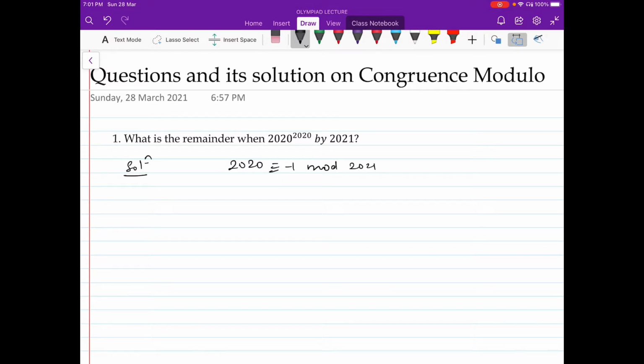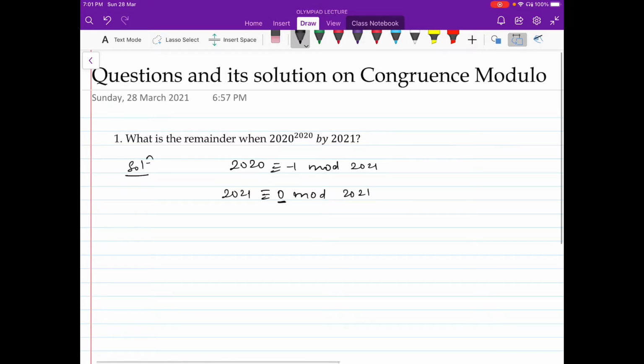By the definition of congruence modulo, when you divide 2020 by 2021, you get the same remainder as when you divide minus 1 by 2021. Or else you can also verify it: 2021 is 0 mod 2021. As I said in my previous video, when you divide 2021 by 2021, the remainder is 0. So in this way we can check also.